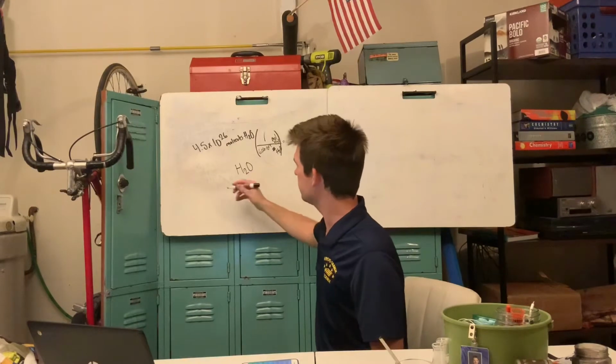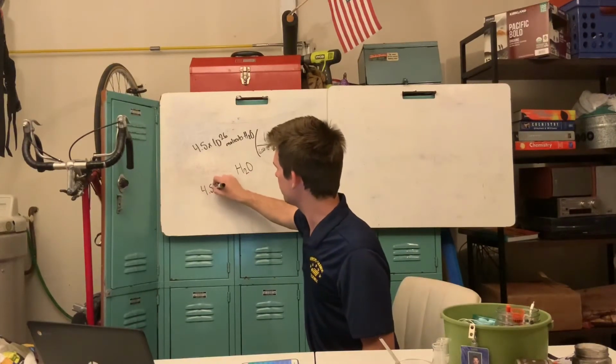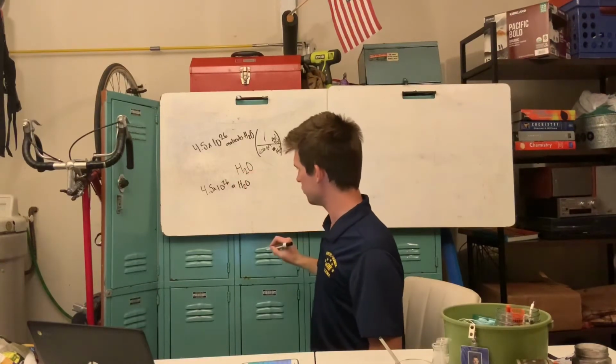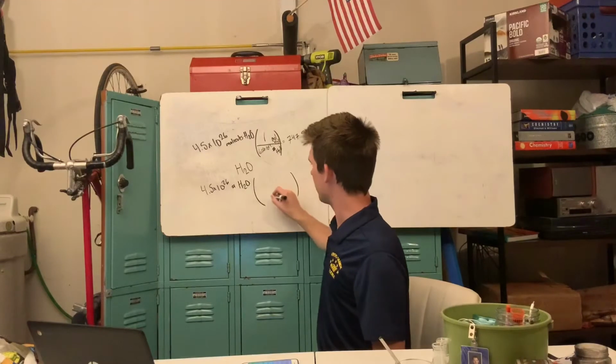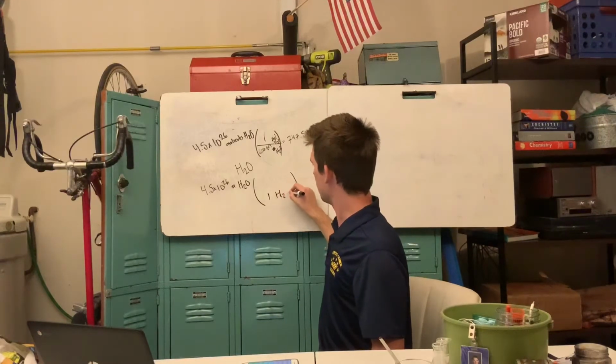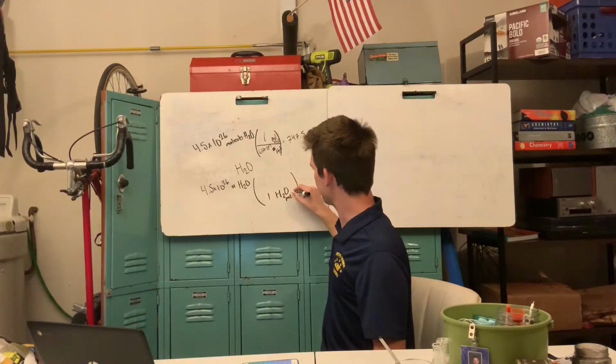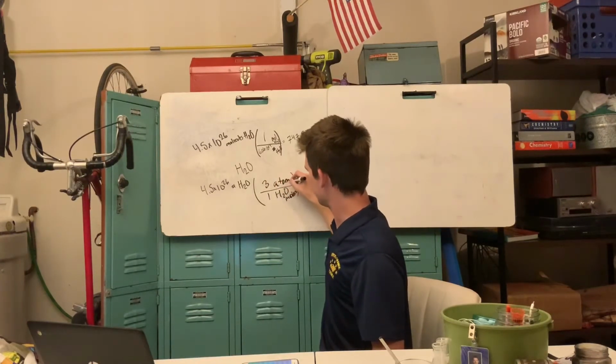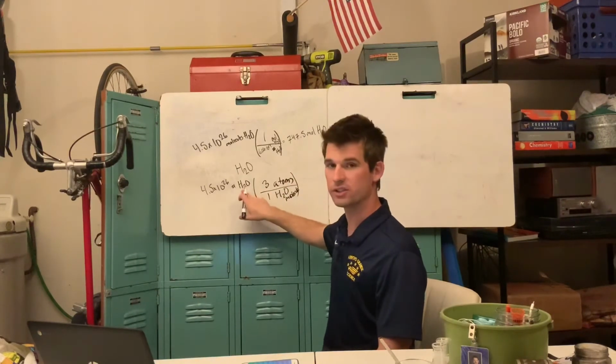So what I would do is I'd take 4.5 times 10 to the 26 number of water molecules, and I know that 1 water molecule has 3 atoms because it has 2 hydrogens and 1 oxygen.